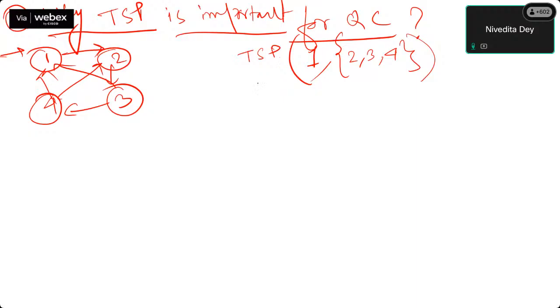Initially, 1 is already covered. Then after 1, what is the next vertex that I can choose? Let me choose 2. So it is TSP 2, then 3, 4.